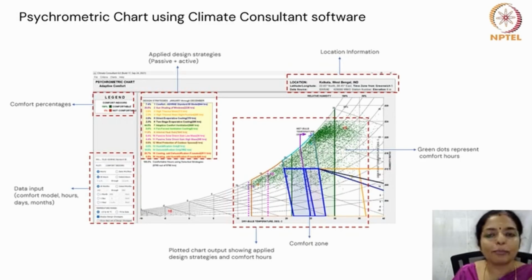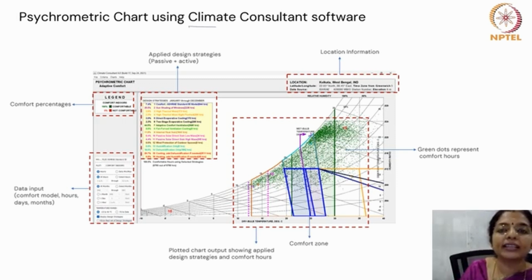Now this is important because when I teach you the software, this is the kind of psychrometric chart you will get. You don't have to do anything. The software itself will generate this psychrometric chart, so that you should understand what it is. So when we use the software which I will be demonstrating, which is called the Climate Consultant software, that uses the psychrometric chart.